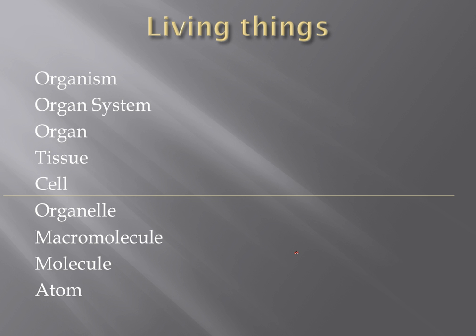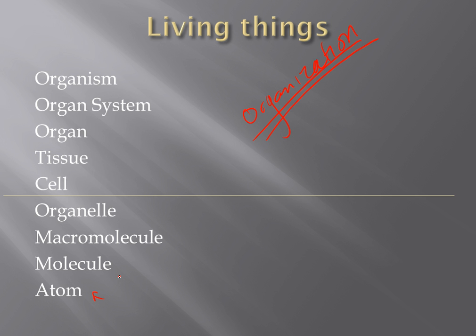Again, when we're talking about living things, I just said that living things must be organized into cells. So what I have here is a hierarchy of what we call organization. We're going to talk a lot about this year, so everybody's listening up. An atom is the smallest unit of an element. It by itself is not alive, because an atom by itself can't do the things that we just talked about on the previous slide.